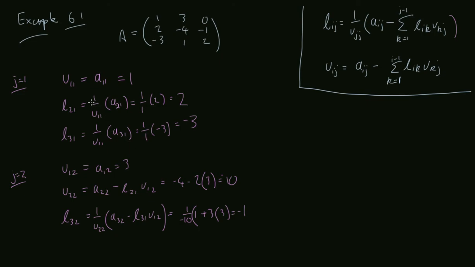Okay, so I've done the first two columns, so just left to do column 3. So we have U13 is just going to be equal to A13, so that's going to be 0.